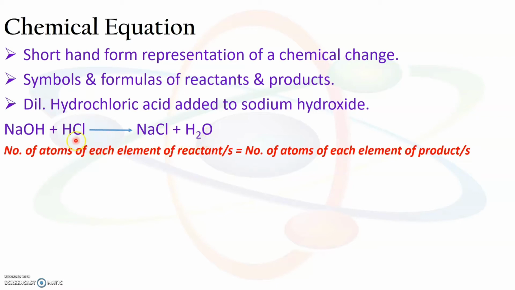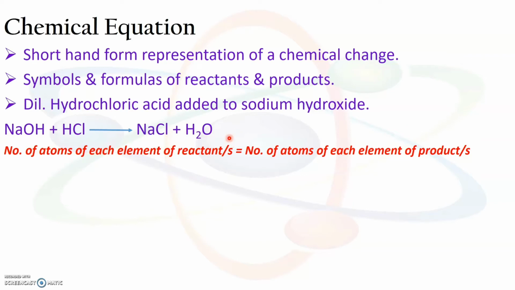Same is the case of the number of atoms of the element chlorine in the reactant side and the product side, it should be equal. So here we can say that since the number of atoms of each element of the reactants is equal to the number of atoms of each element of the products, we can say that this is a balanced equation.